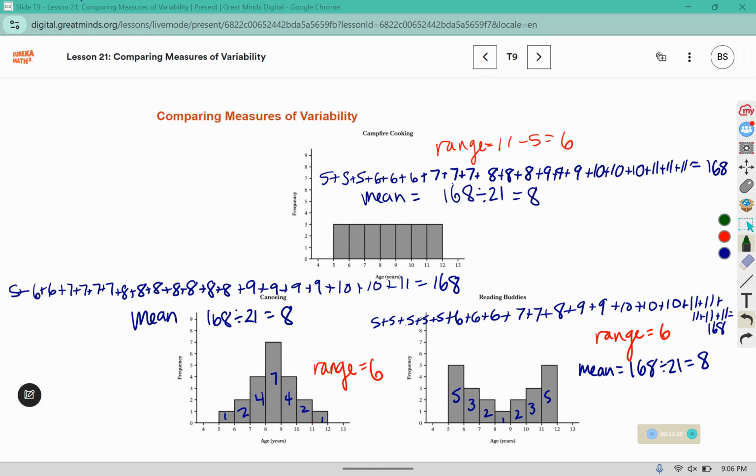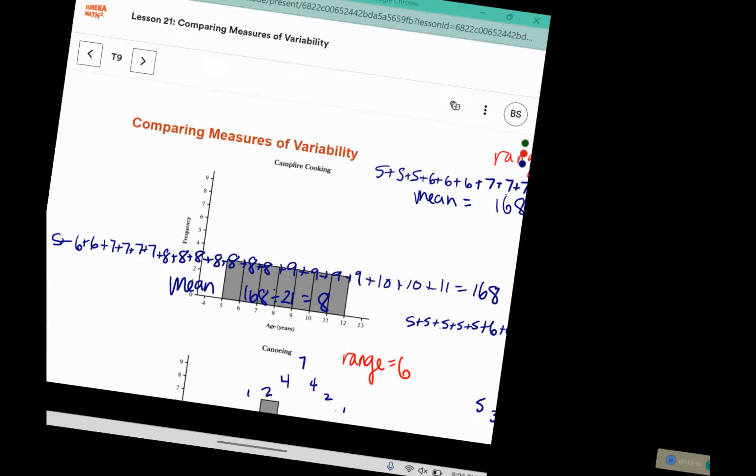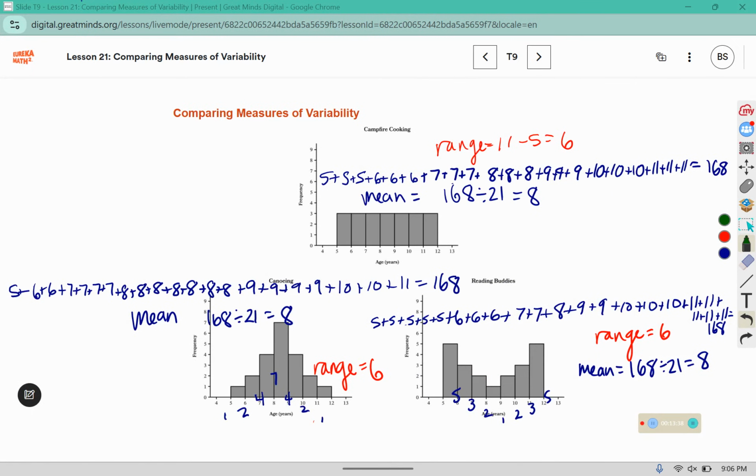To find the mean absolute deviations, we need to determine how far away the data values are from 8. To get from 5 to 8, that is a difference of 3. So we need to write down 3, 3, 3.